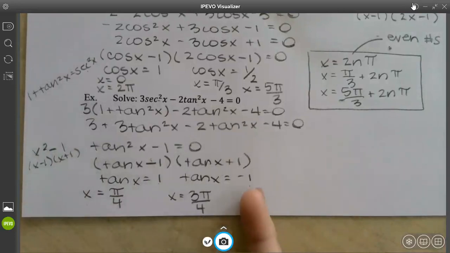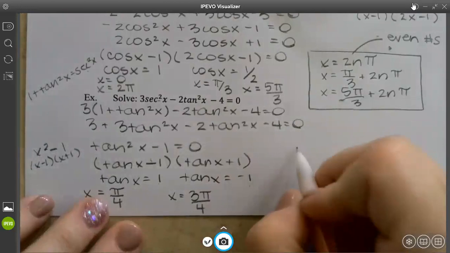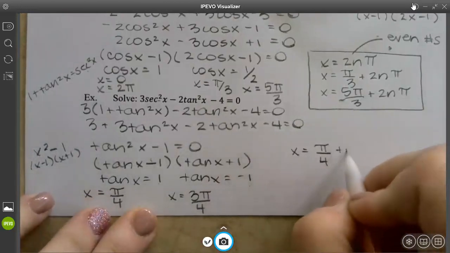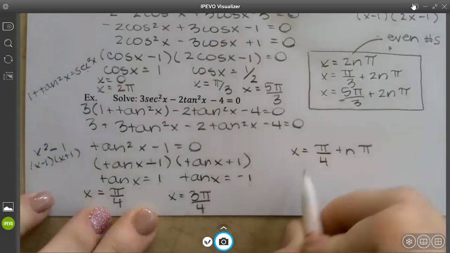Can we get a -1? Think about this. What's your period for tangent? It's pi. So it can only be in the top, right? So we don't use any in the bottom. So that's why there's only 2 answers on here. Why? Because how do I fix these to general? That will pick up the 2 on the bottom.